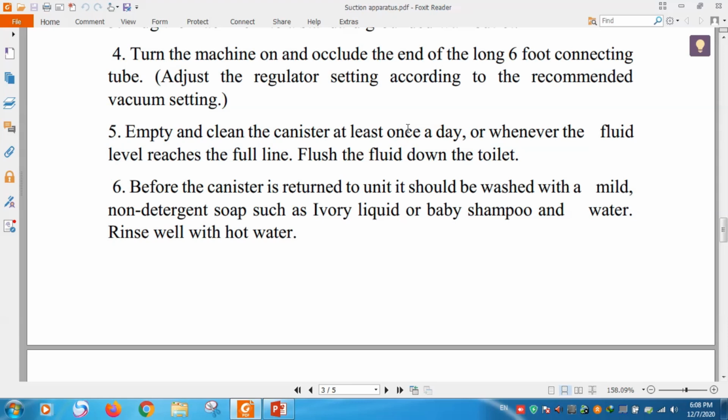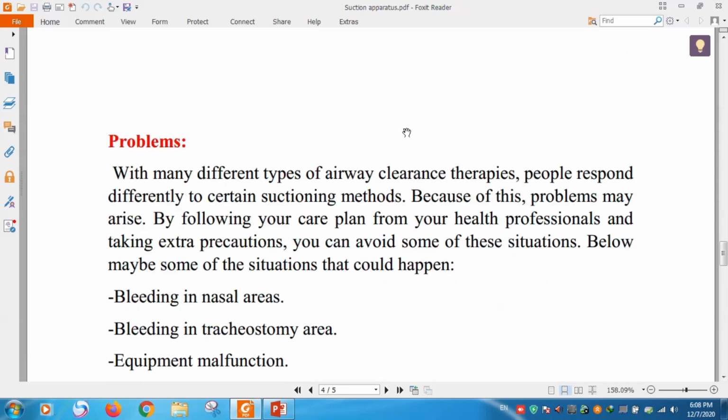Flush the fluid down the toilet. Before the canister is returned to the unit, it should be washed with a mild non-detergent soap such as Ivory liquid or baby shampoo and water. Rinse well.